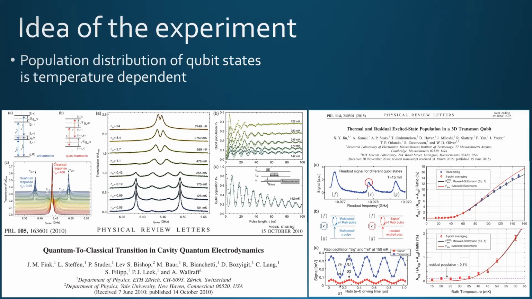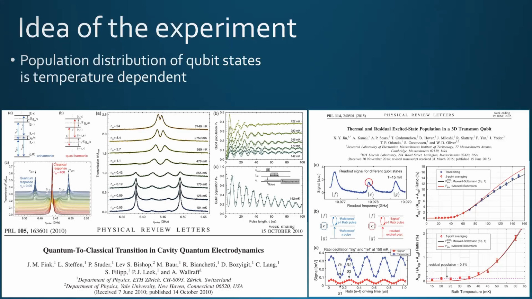Okay, so there are a few papers about different things in a qubit which can be measured, and they can be used to describe the effective temperature.